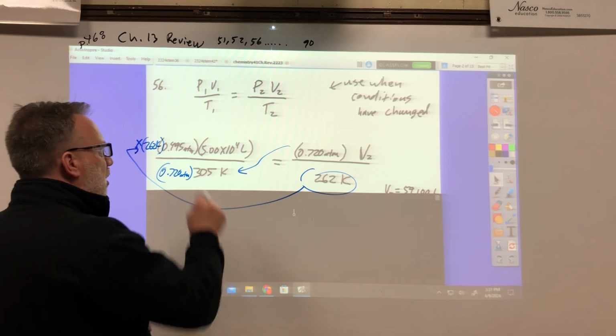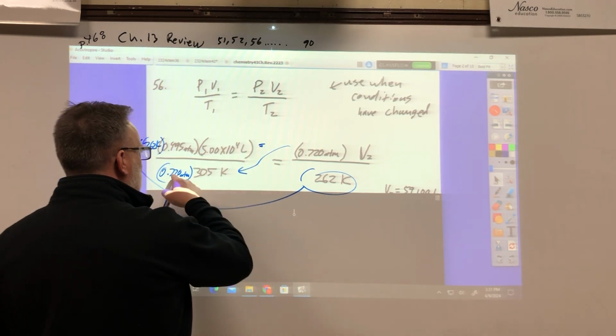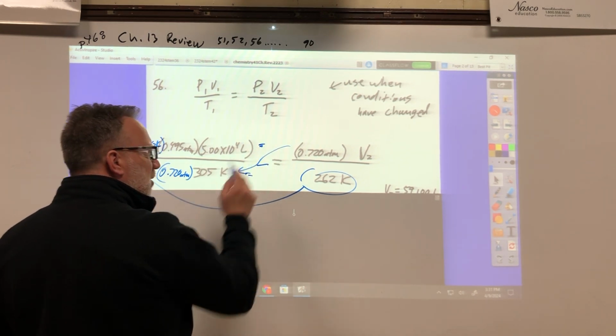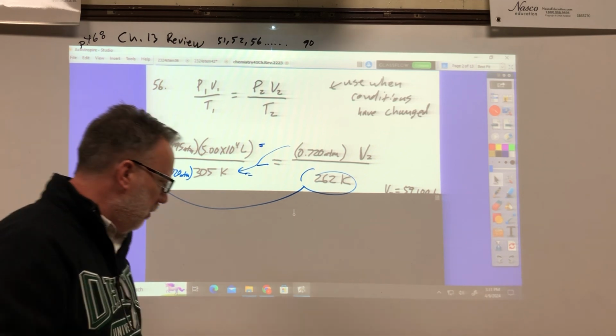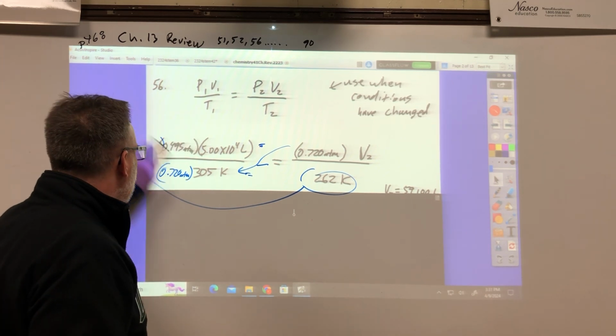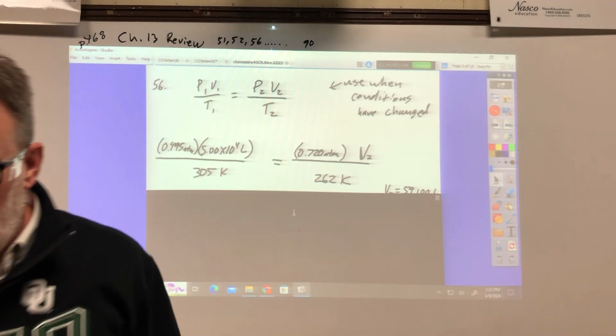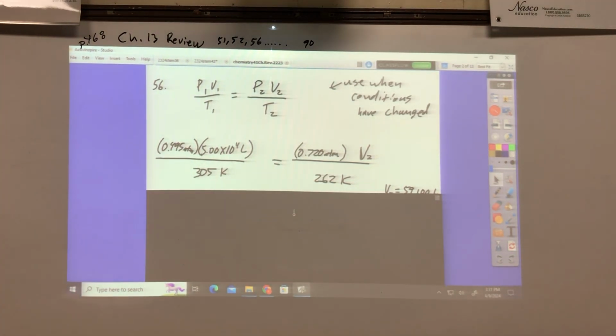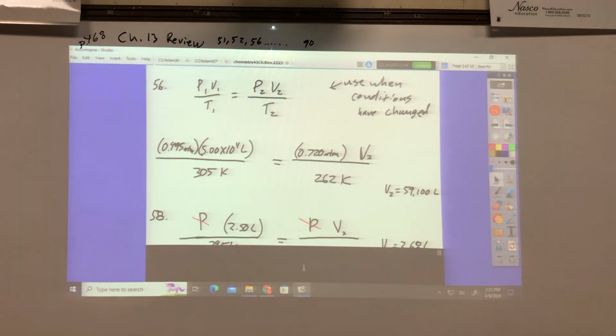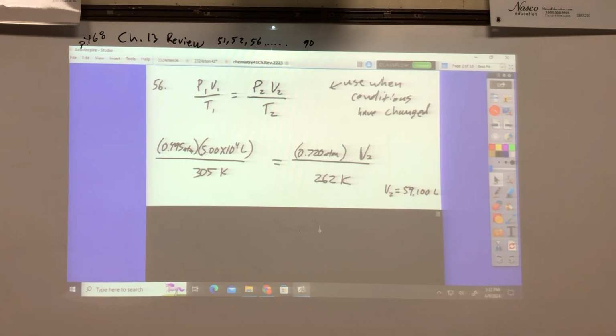And then you multiply all the tops, write it down. Multiply all the bottoms, write it down, and then divide when you're done. And when you do that, you get 59,100 liters.